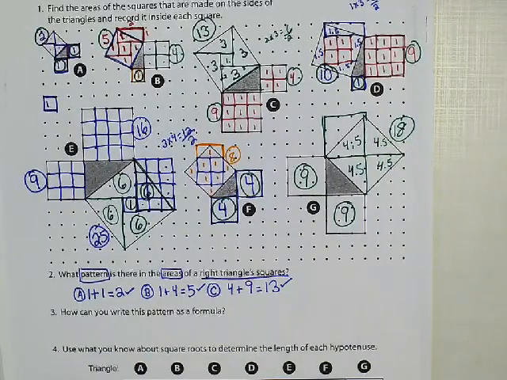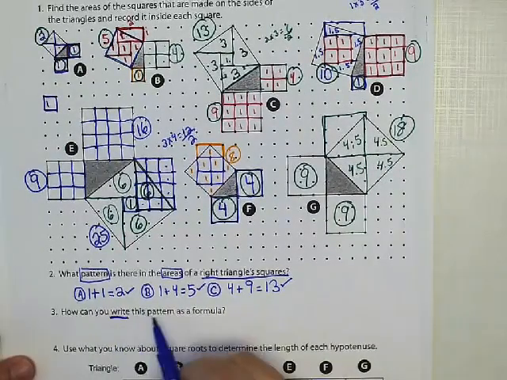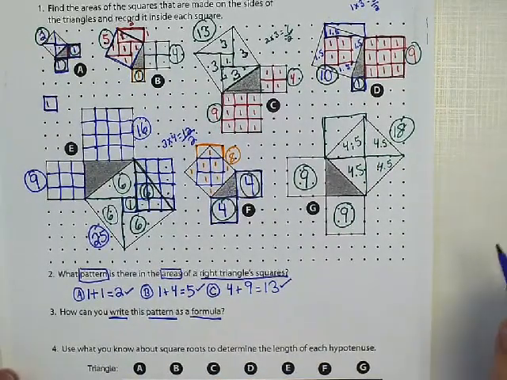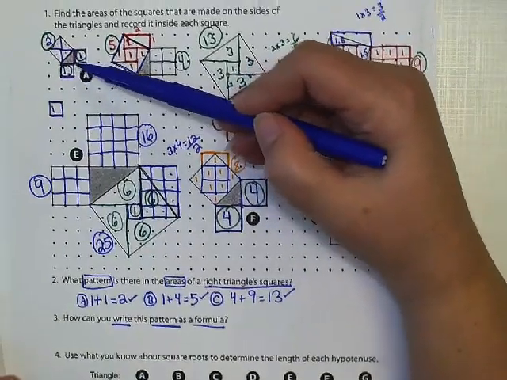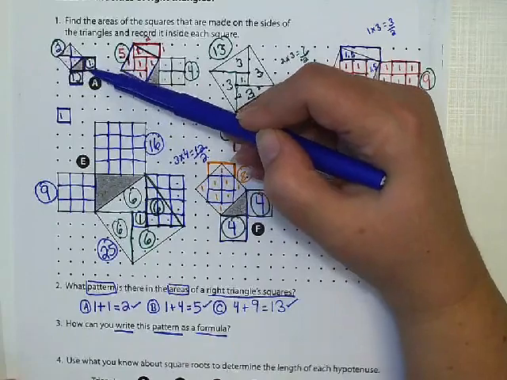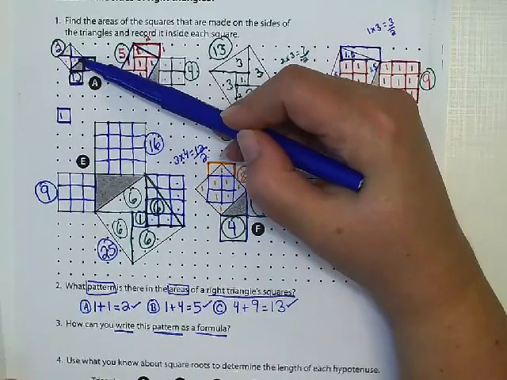Now we just explored the Pythagorean theorem, and it wants us to write the pattern in a formula. So the Pythagorean theorem states that the area of the two squares here would equal the area of the third square.